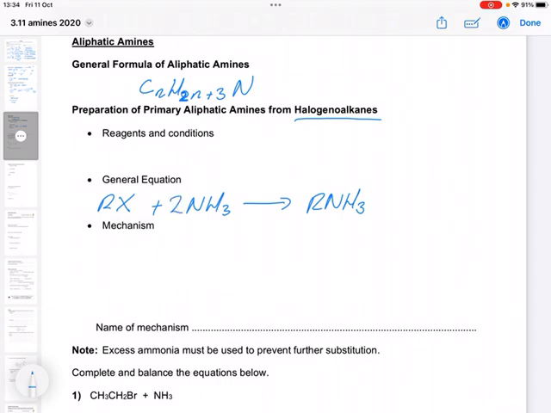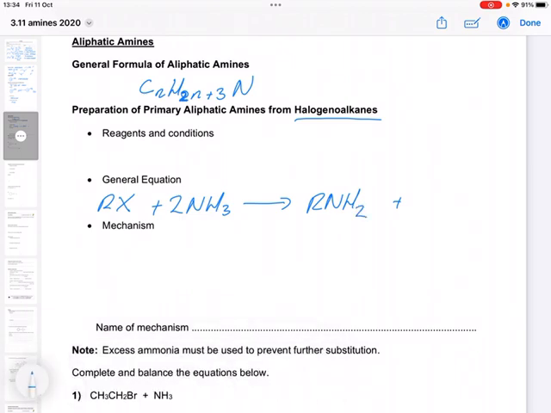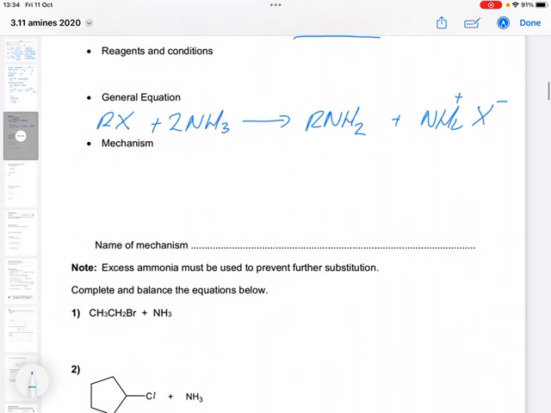A second one of these is used to remove the additional hydrogen. I've got too many hydrogens there. To remove the third hydrogen from there, which will then give us NH4 plus and X minus. That's easier to see in the mechanism.